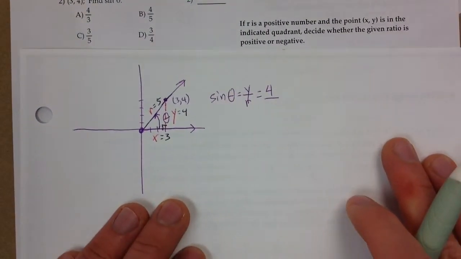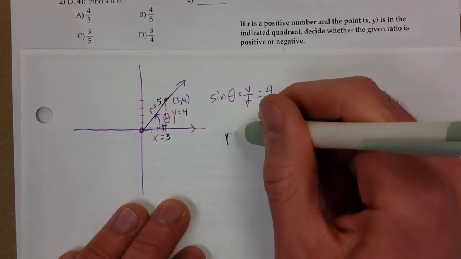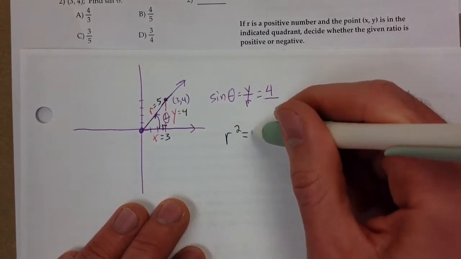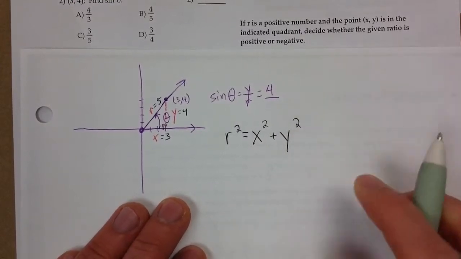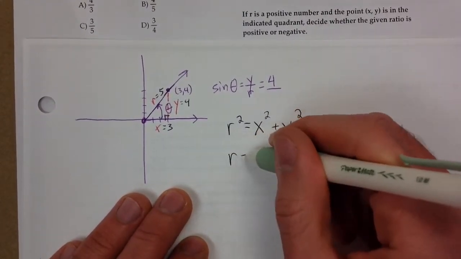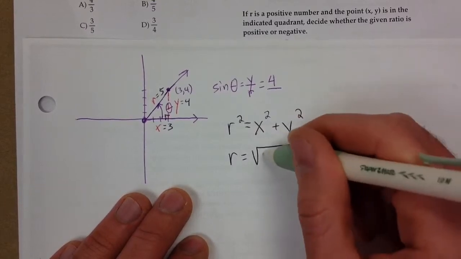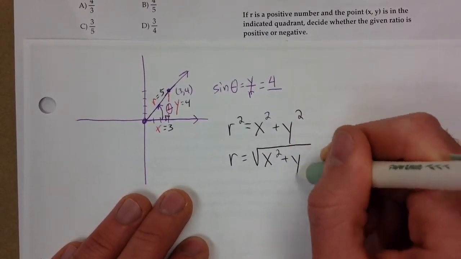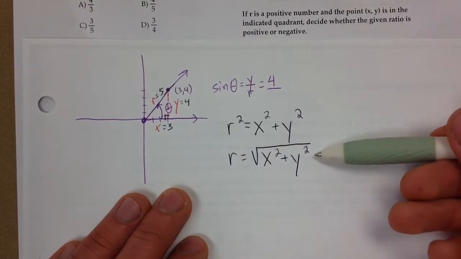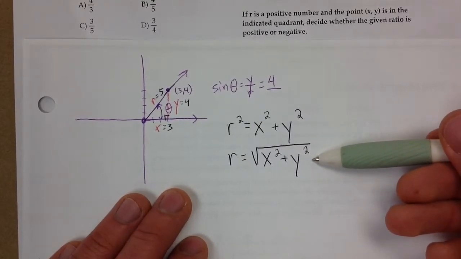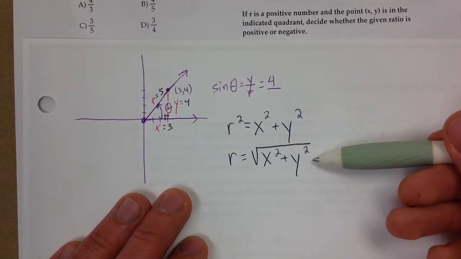But just to prove that to you, Pythagorean theorem: hypotenuse squared equals side squared plus side squared. And you can write this as r equals the square root of x squared plus y squared. And for your information, this is always how you can find r with this formula. It's just the Pythagorean theorem re-expressed.